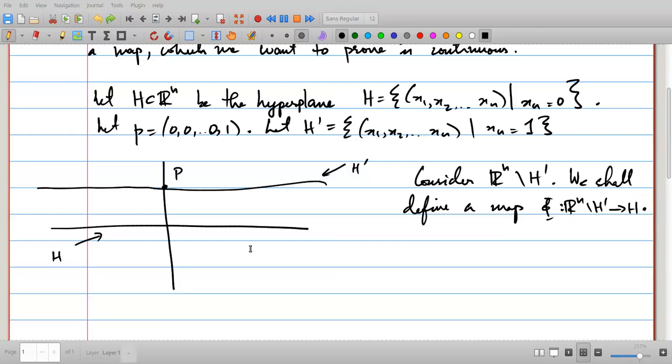So we define the map as follows. Suppose x is a point in Rn minus H prime. So let's say I take some point here. This is my point x. Then I join my x and P with a straight line.